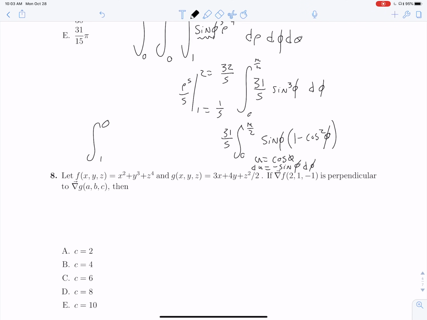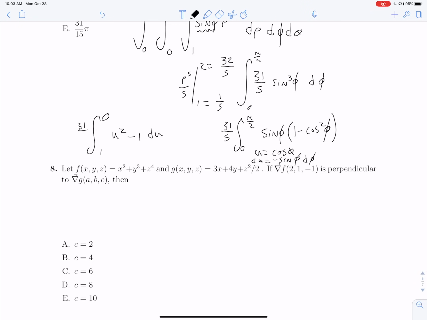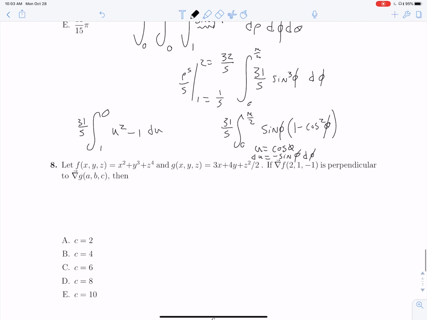So this integral is going to turn into the integral of u squared minus 1 du, and remember that we still have this 31 over 5 outside. So let's take this integral. We're going to get u cubed over 3 minus u on 0 to 1. At 0 this is just 0. At 1 this is 1/3 minus 1, so negative 2/3, but since the bounds run from 1 to 0, we're subtracting it overall, so we're going to get 2/3.